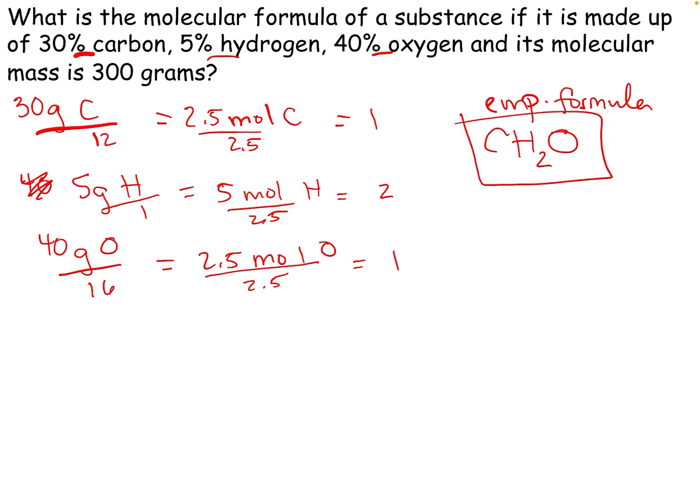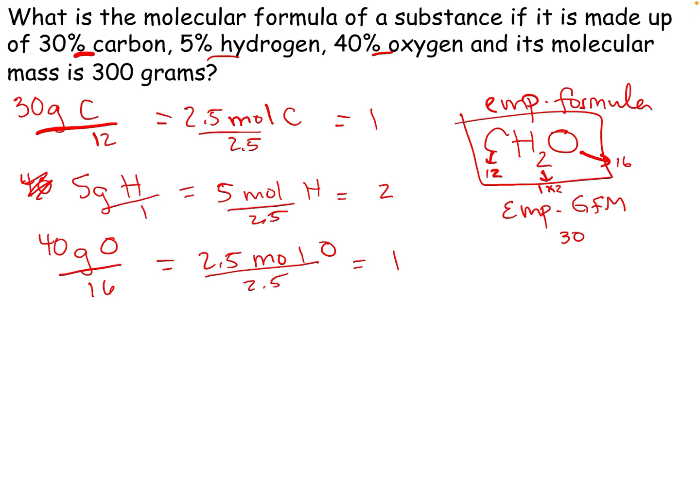Okay, so now that I have that, I need to find my empirical GFM. You might remember it from the last slide, but just in case you didn't, carbon is a mass of 12, hydrogen is a mass of 1, but there are 2 of them. Oxygen is a mass of 16. I add those up, I get 30. So now I have my empirical GFM of 30.